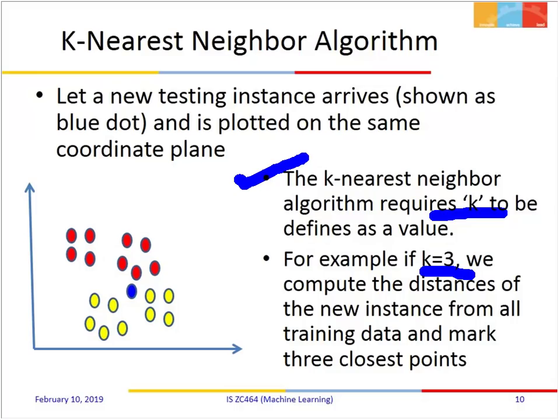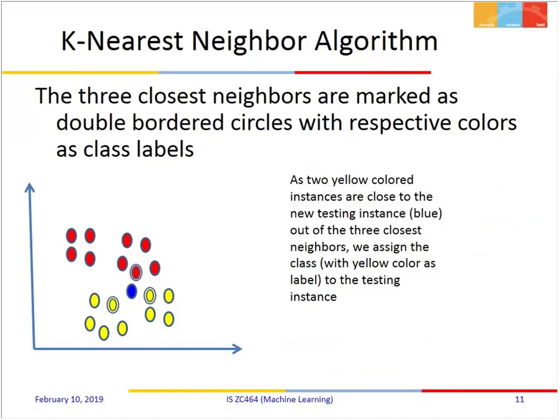And whichever class has the larger number among those 3 points, we assign that label. So let us see: these 3 points which are marked as double circles, with a double line as the border of the circle, are the nearest. Even if we compute Euclidean distance, these three will appear to be the nearest ones to the blue point. Here, the blue point is the test data.